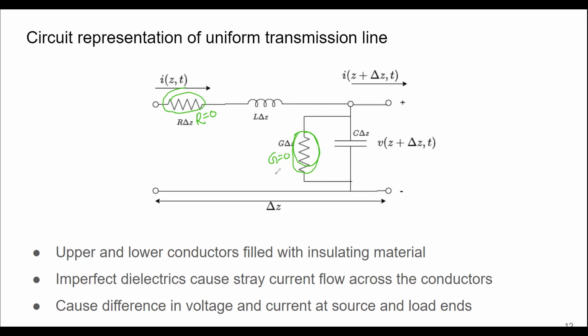So because of that, we assume that the G value, or the conductance, is 0. So we are assuming that the dielectric is also almost perfect, and the ability of the material to conduct stray currents is almost 0.